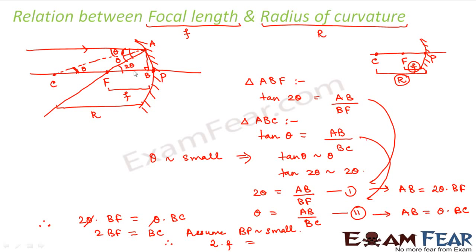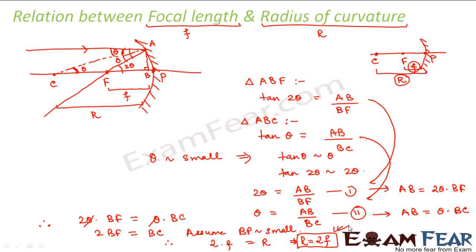BC is nothing but PC. So this is equal to R. So that means the radius of curvature is equal to twice the focal length of a spherical mirror. So this is a very important relationship and you will see that it will be used every now and then. This is true for any spherical mirror. The radius of curvature will always be twice the focal length of the spherical mirror.